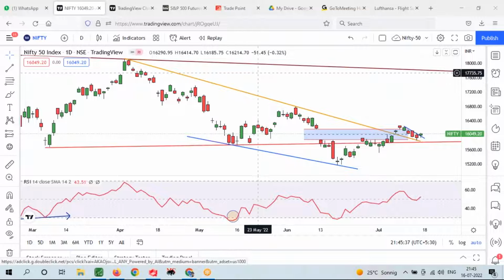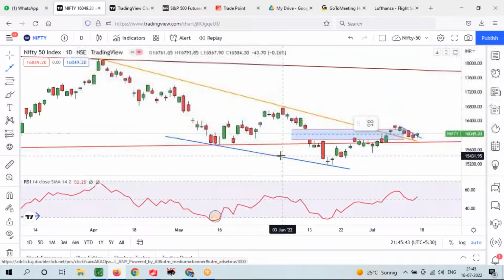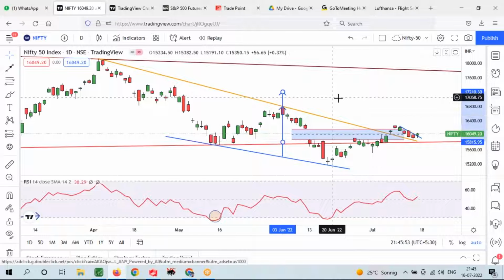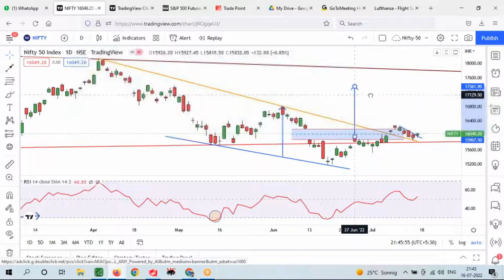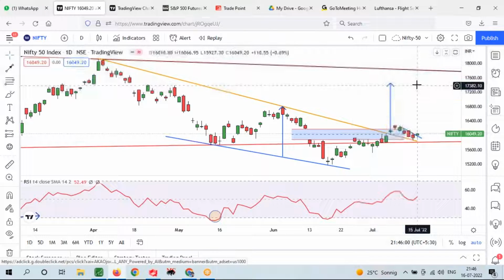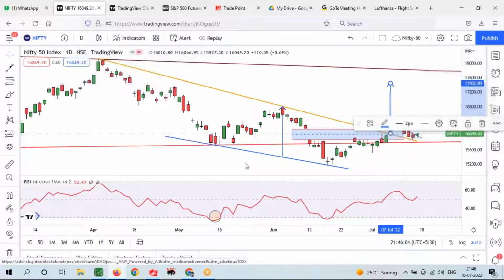And now if you look at the channel size, okay, what is the channel size? Even I'll take the middle path. Okay, this is the channel now. Now the breakout is done here. Look here where it is pointing. I think you will get it on the right side, 17,452. Is it not?